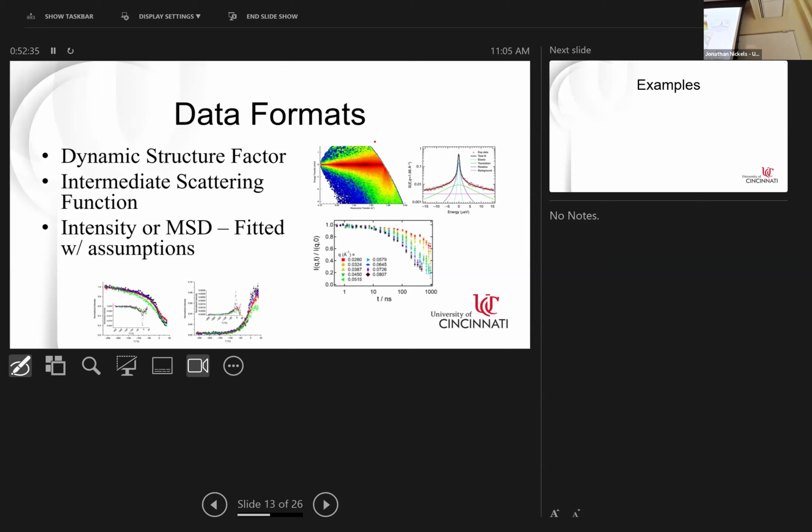You can interpret that data a number of different ways. You can transform it into just pure intensity. You just look at the central line intensity with some defined width, and you integrate the center line. And as the system becomes more dynamic, the center line intensity will drop because the center line is 0 energy transfer. If more things are moving, the intensity leaves the center and goes to the wings, right?